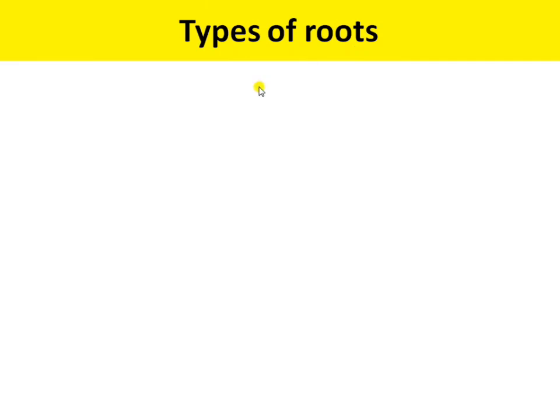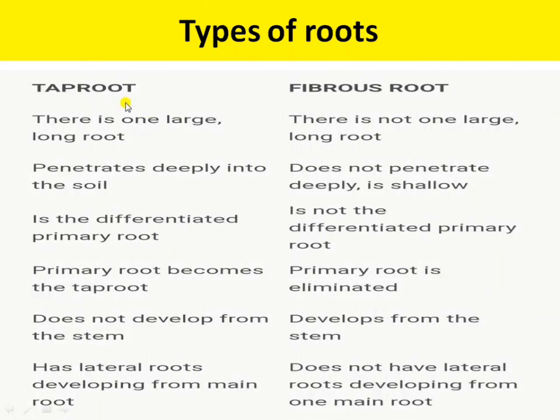Moving on to our second topic, types of roots. There are two types of roots. The first one is taproot and the second is fibrous root. Taproot is one large long root, while the fibrous root is not one large long root.